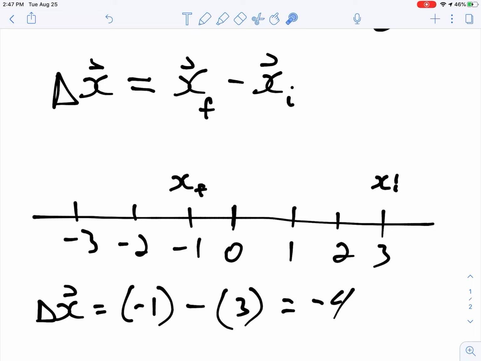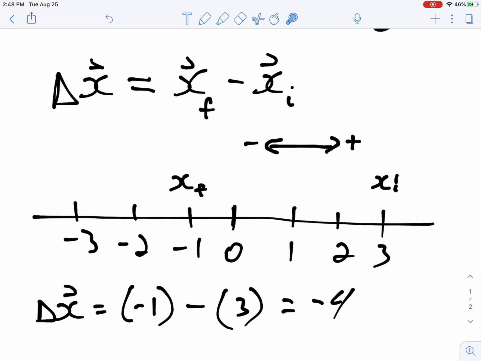Let's see if that makes sense. I started here, and I went 1, 2, 3, 4 units that way. If you look at the graph, that way is positive, that way is negative. So when I went from 3 to -1, I was traveling in the negative direction. So 4 units.